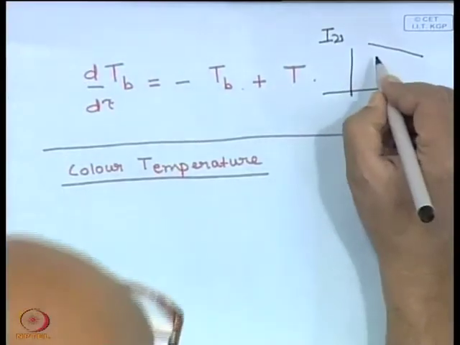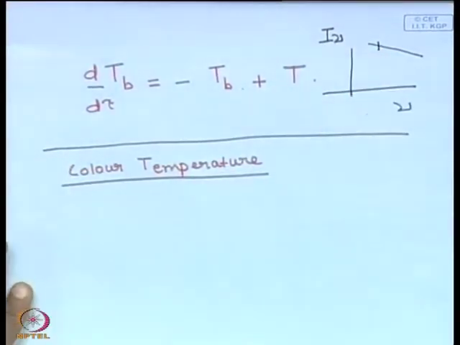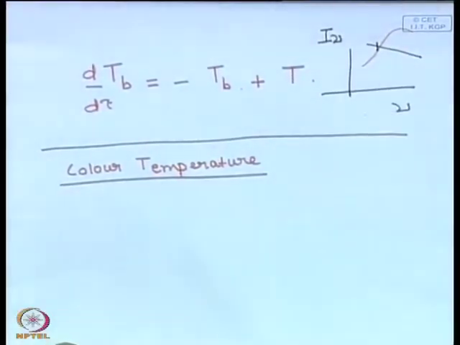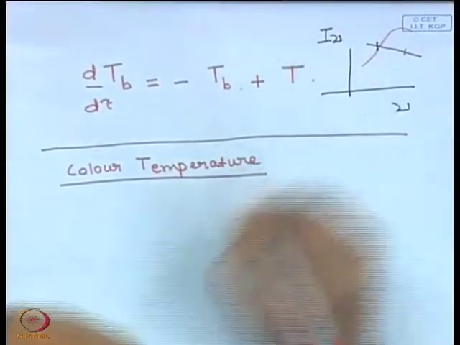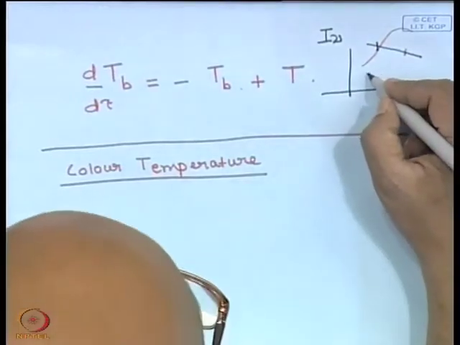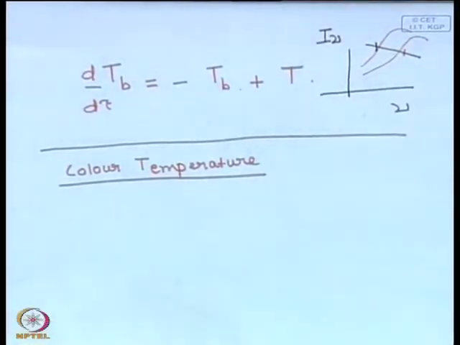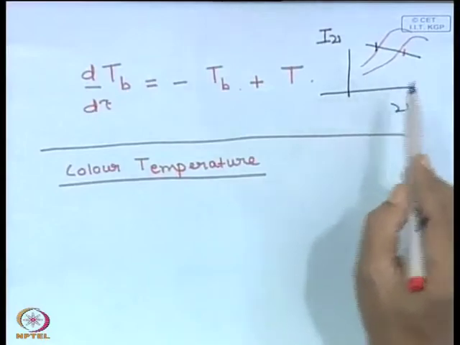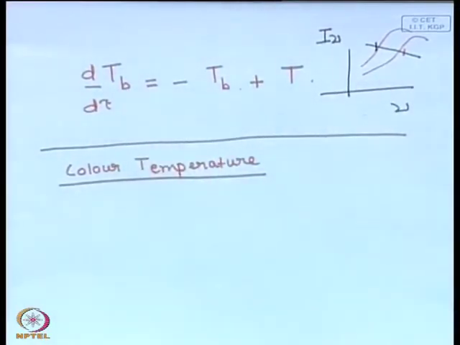So, if I calculate the brightness temperature at this point, I will find which black body spectrum goes through this, and I will associate that temperature. If I find the brightness temperature at this point, again I will find which black body spectrum, a different one, goes through this, and I will associate that temperature. So, if I have something that is actually not a black body, then different parts of the spectrum will have different brightness temperature. I hope that is clear. If it is exactly a black body, I will get the same brightness temperature throughout.